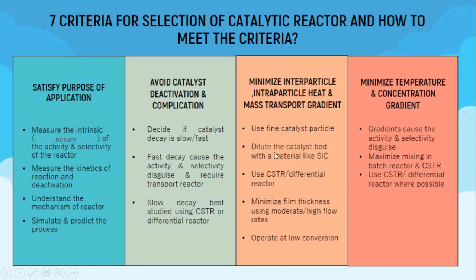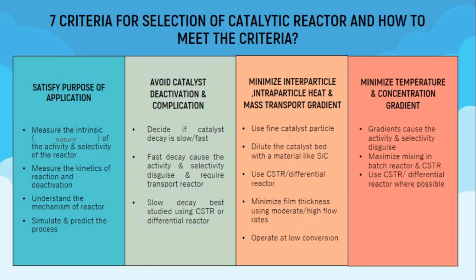We should also dilute the catalyst bed with a material like silicon carbide, and also use a CSTR or differential reactor in order to study the heat from the catalyst and reactant. We also should minimize the film thickness using moderate or high flow rates and operate the reactor at low conversion.